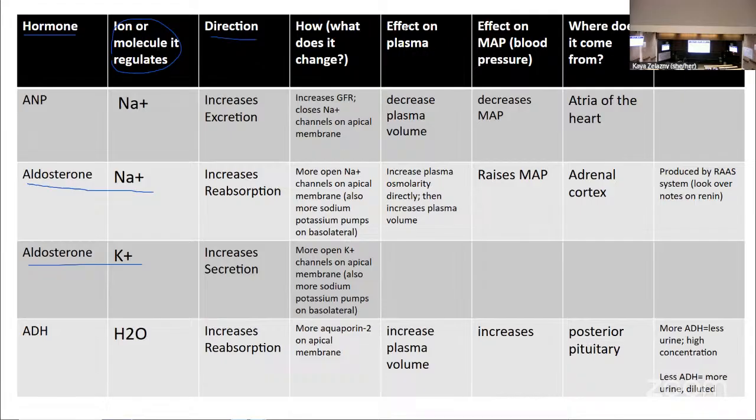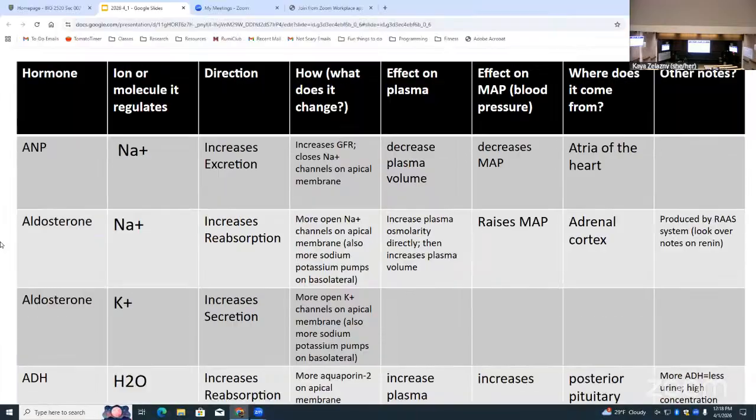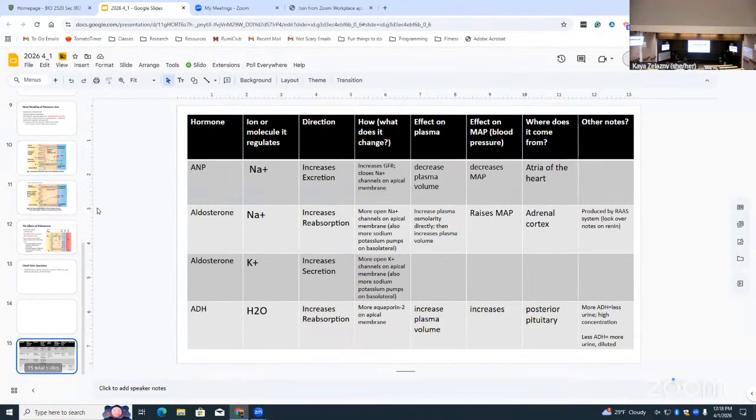So we've got an effect on the plasma directly, and then an overall effect on mean arterial pressure and blood pressure. Okay, so we got aldosterone, ANP, which we just briefly mentioned, coming from the heart, and ADH, our friend regulating water reabsorption. Okay. So that's what we got for final content on the kidneys for today.